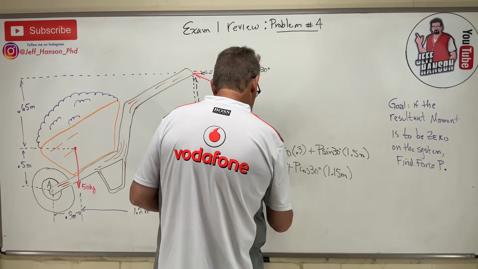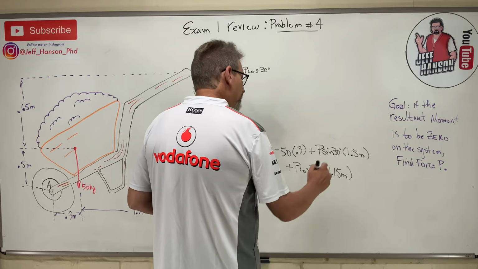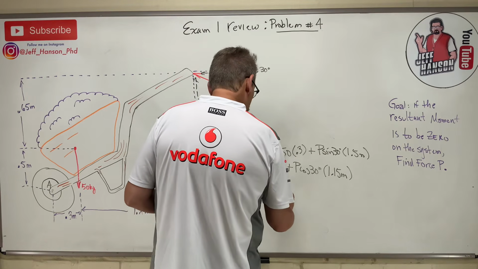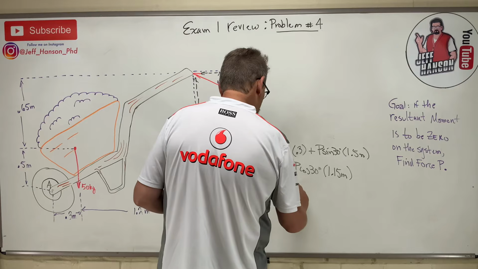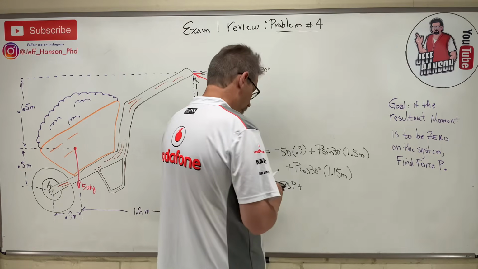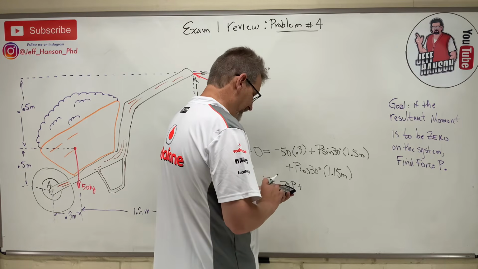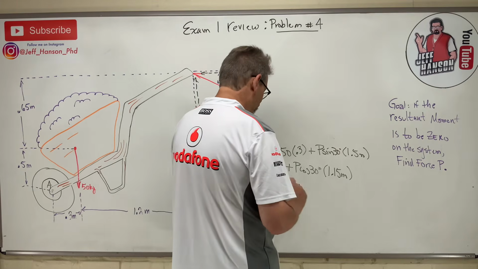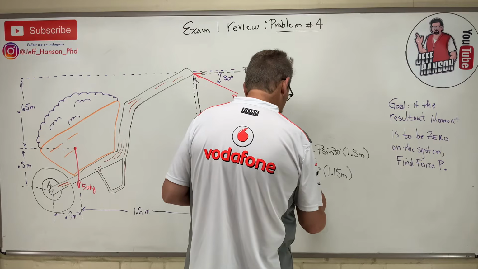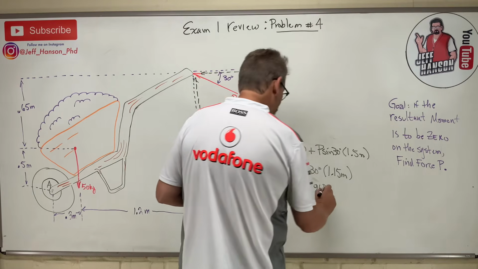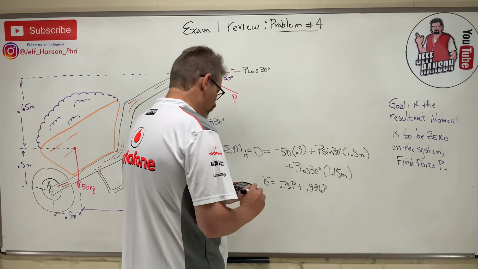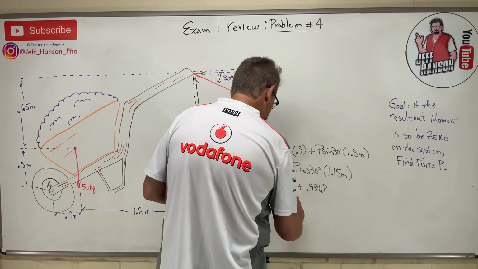So 15 is equal to, sine of 30 is a half, so that's 0.75P plus 1.15 times 0.866, which is 0.996. And then plus 0.75, which is 1.746.